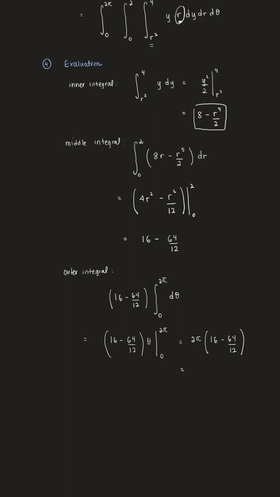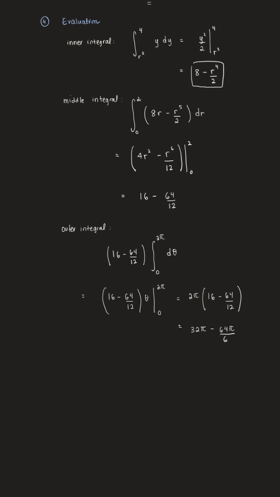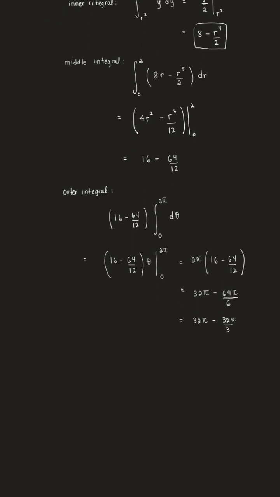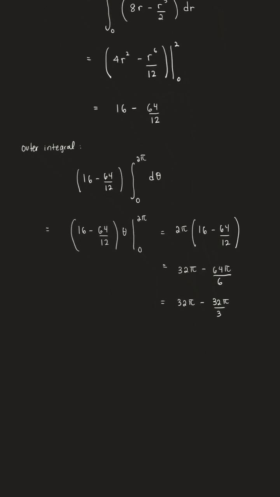If I distribute here, I get 32 pi minus 64 pi over 6. And I can write that as 32 pi minus 32 pi over 3, if I divide the second term by 2.